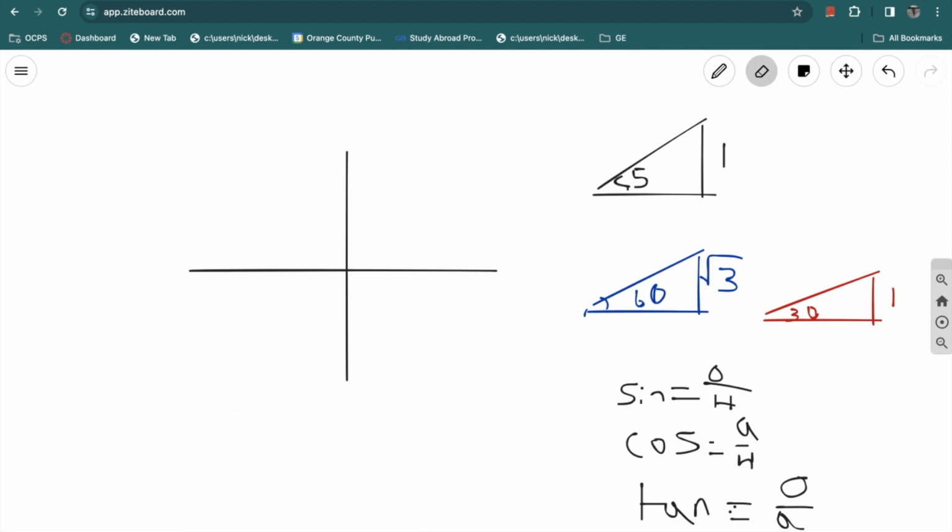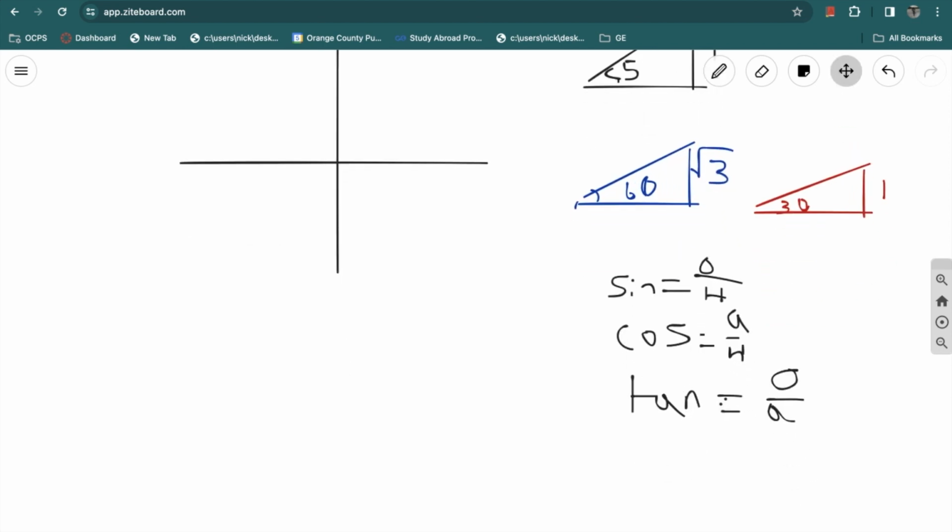Okay, so now we're gonna solve some problems. Just pretty basic ones that you're gonna find pretty much everywhere. So let's start with simple ones. Let's say it's sine.